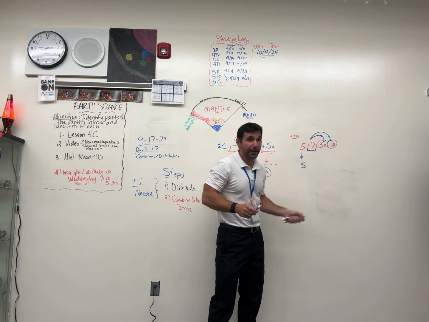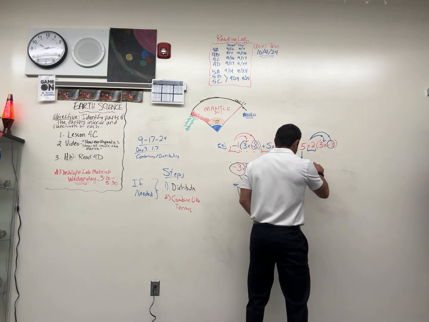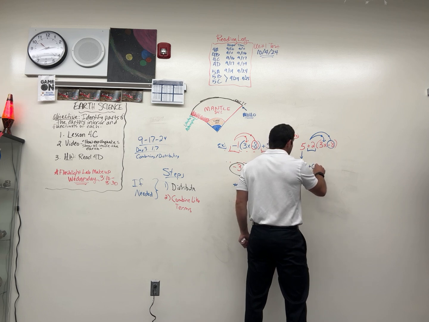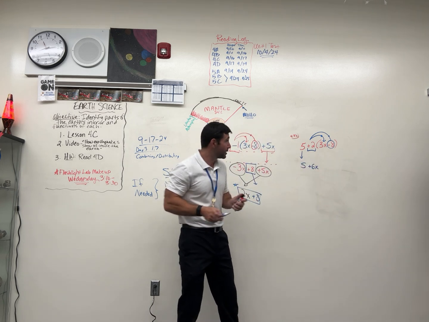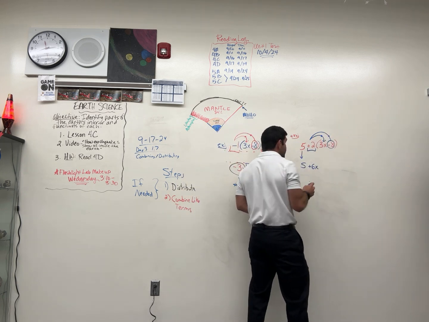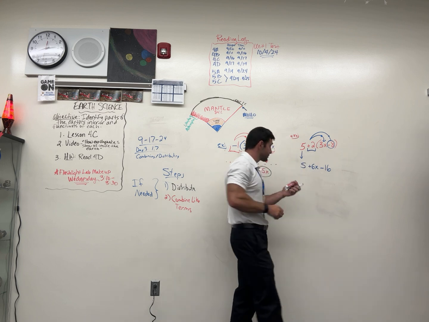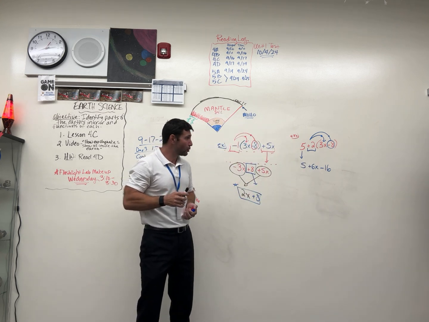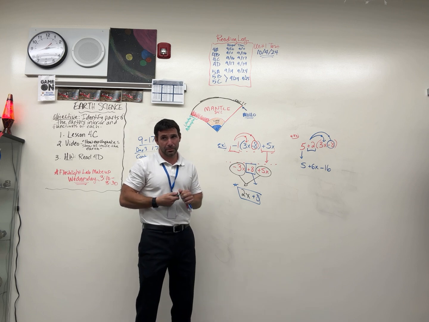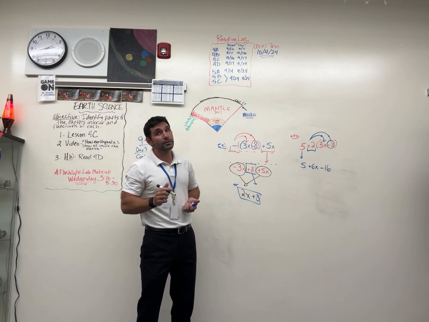Now we're multiplying. 2 multiplied by 3x is what? 6x. What kind of 6x? Positive. So because it's second, we need to have a sign in front of it. Then positive 2 times negative 8, negative 16. Judah, what are my like terms in this one? 5 and negative 16.